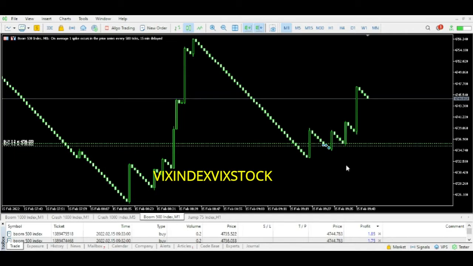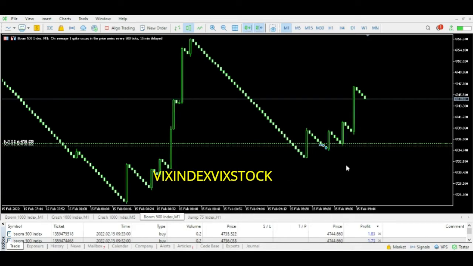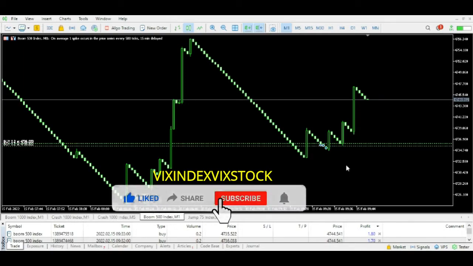But when it concerns a boom and crash, guys, I would say avoid the mistake of trading these pairs with limited funds. I would rather do something else to grow my account, so that I can at least have a $30 deposit in the account, so that I am not easily taken out.